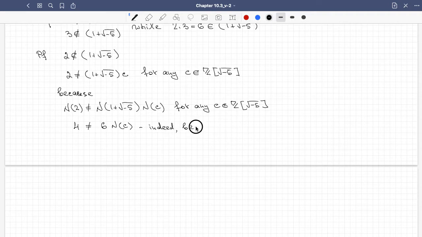Indeed true, because norm of c is an integer. Positive integer does not matter, integer for any c an element of our ring.